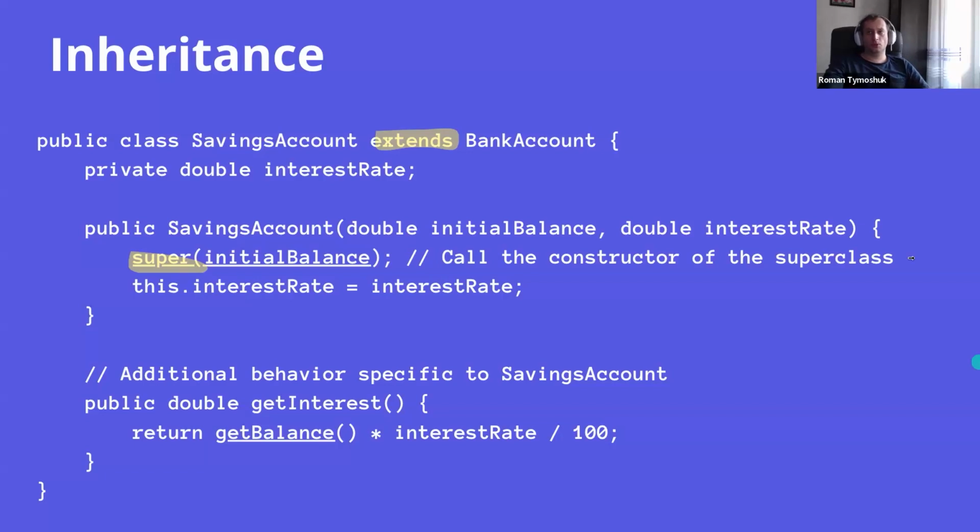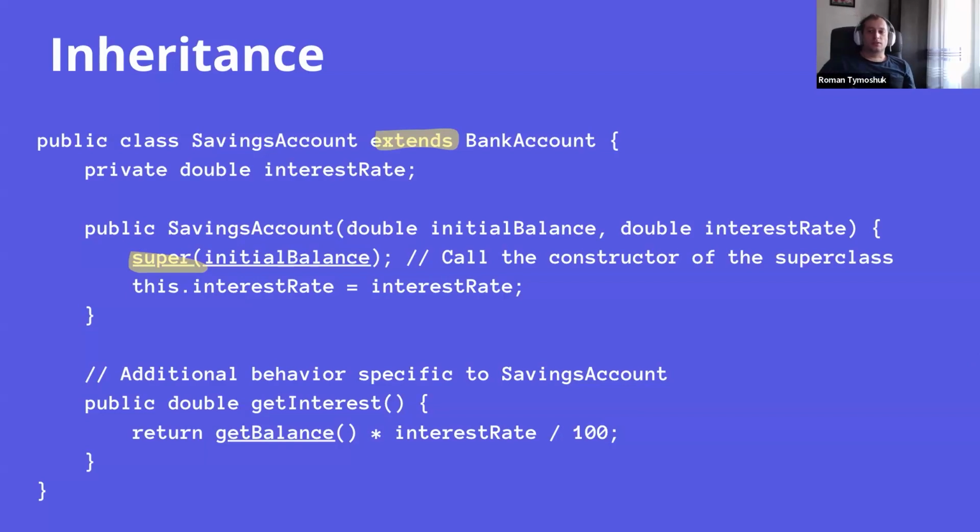So first of all, the keyword here is extends. When you are defining your class, you should provide the definition and the name, like a savings account, and which class you are extending. So here on the top, it's pretty clear that savings account extends the bank account. So we are inheriting everything from it.